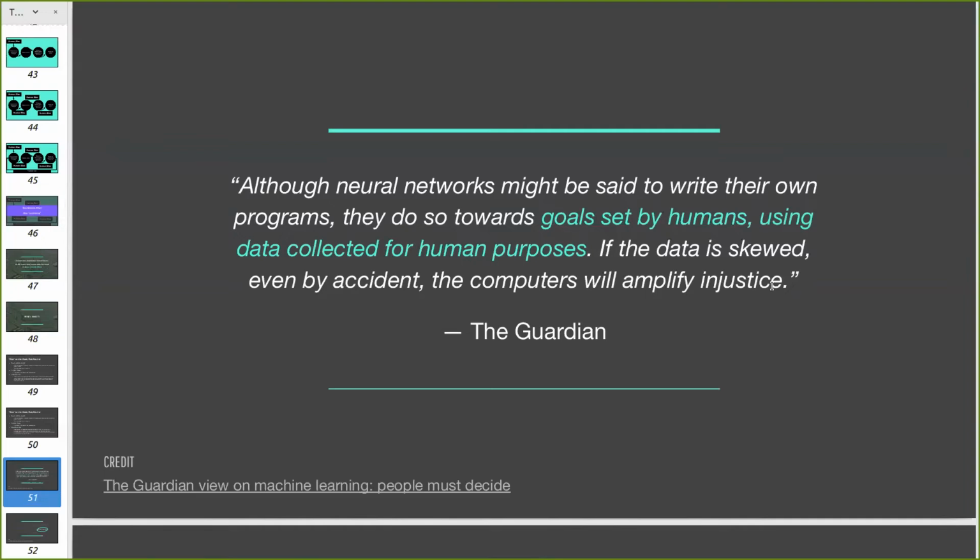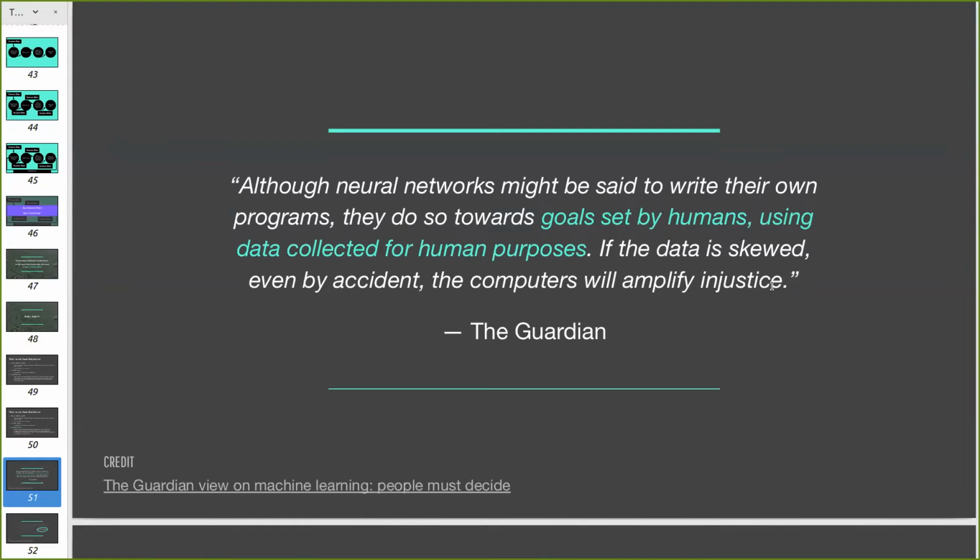We have ML models which are doing a lot of things right now. They are being used in medical systems, in retail, probably in almost all the industries. But whatever is being done to come up with those models is being done by us humans.